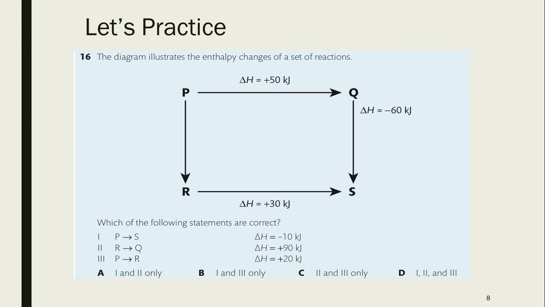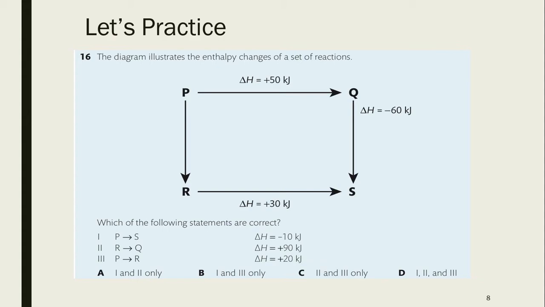Okay, let's look at some practice questions. Number 16 says that the diagram illustrates the enthalpy changes of a set of reactions. So we have 4 letters, P, Q, R, and S, and we have 3 different enthalpy changes going on. And we want to know which of the following statements are correct.